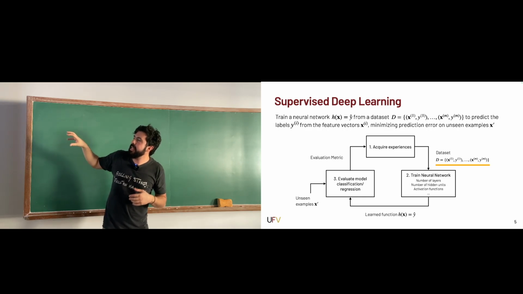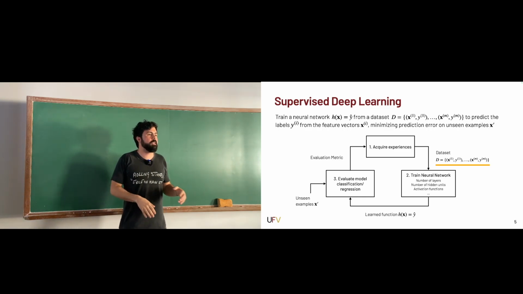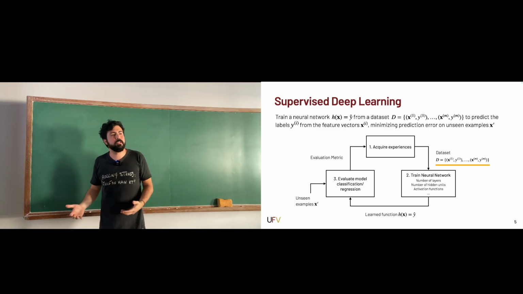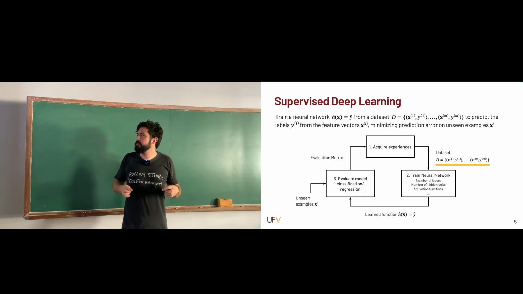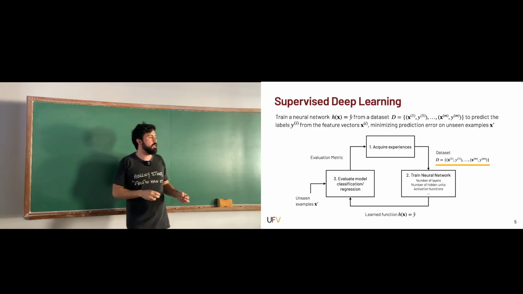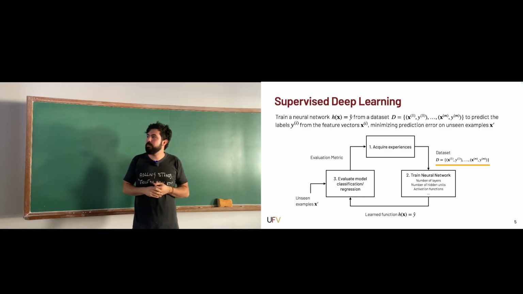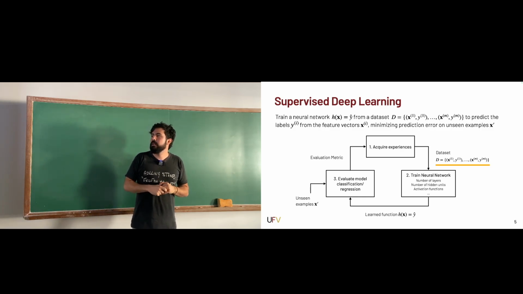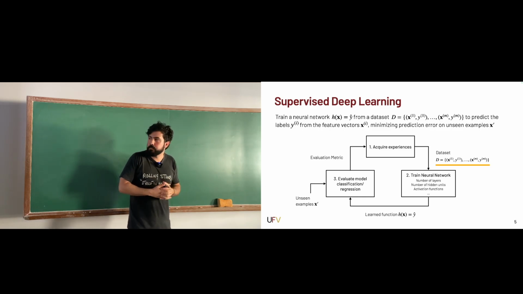So at this stage, you have to decide what my model is going to look like. I have to pick a model, or I have to experiment to pick one model. So I have to decide the number of layers, the number of hidden units, which activation functions to use, and several other hyperparameters of these models. But then at the end, I learn a function, h of x, and I evaluate this model on unseen examples.